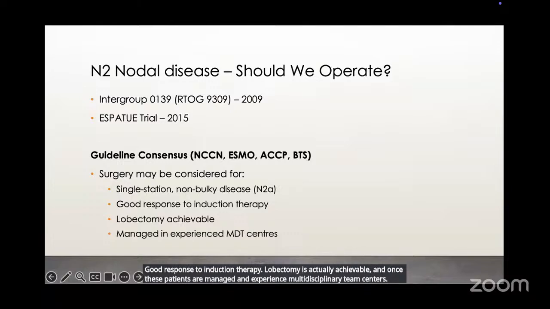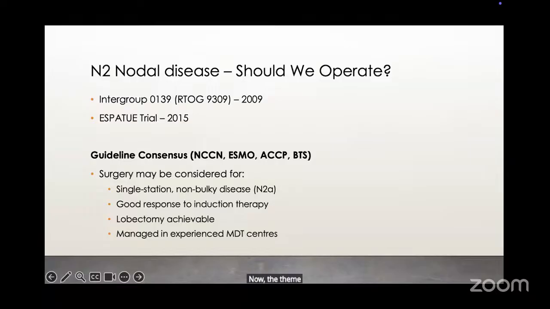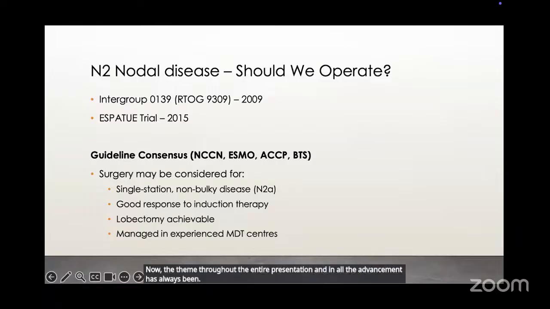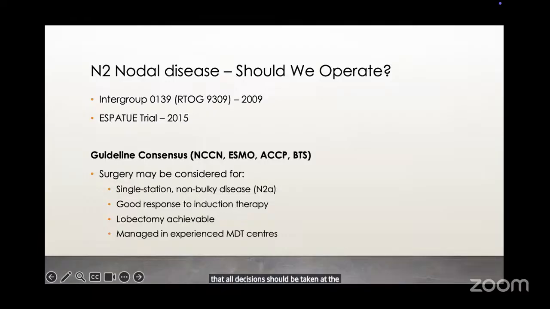Now, the theme throughout the entire presentation and in all the advancement has always been that all decisions should be taken at the MDT level. This has also proven to have increased outcomes in terms of careful patient selection and improved survival advantage post-treatment.